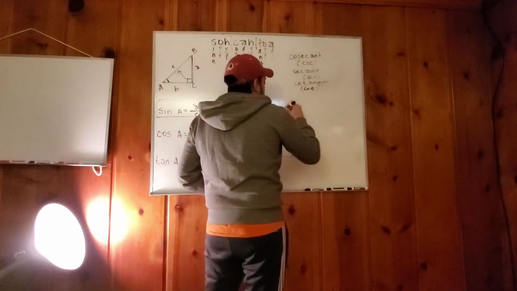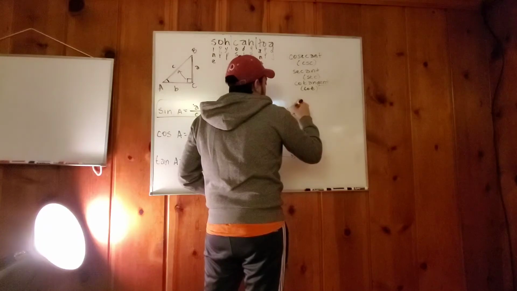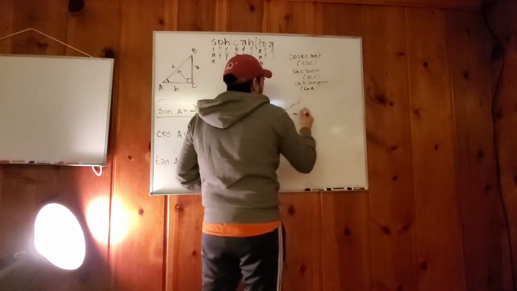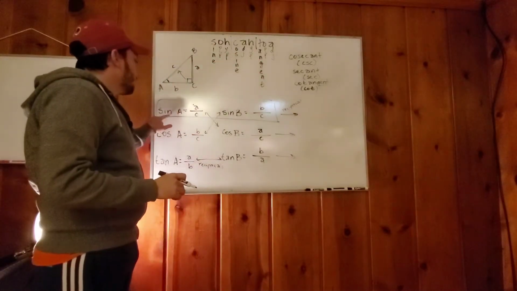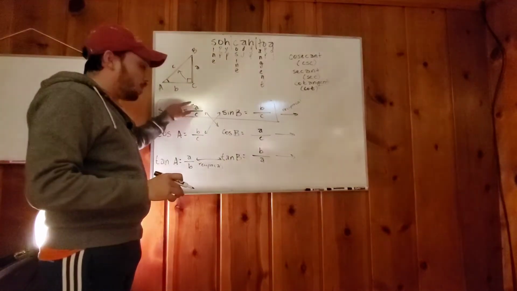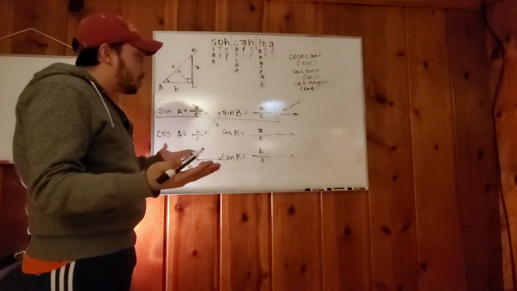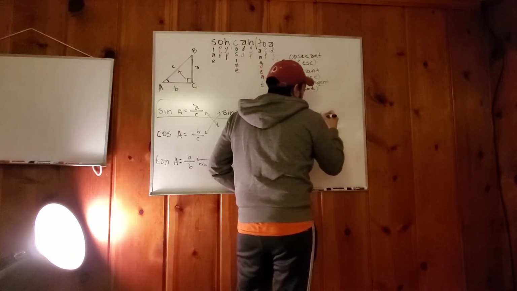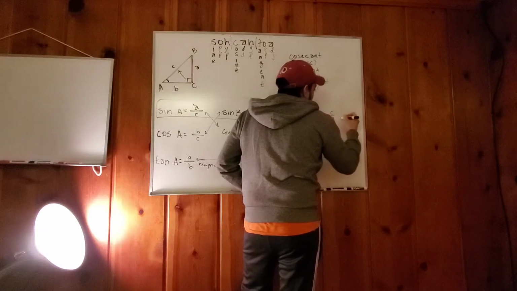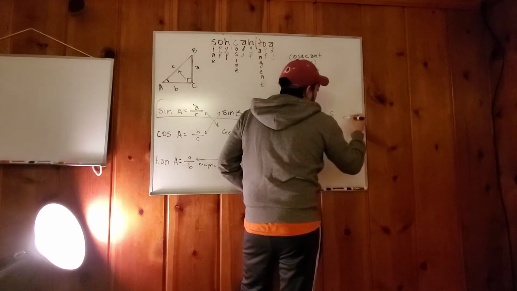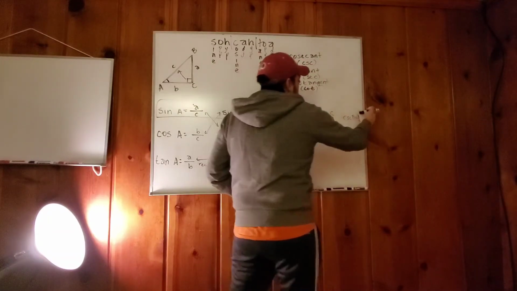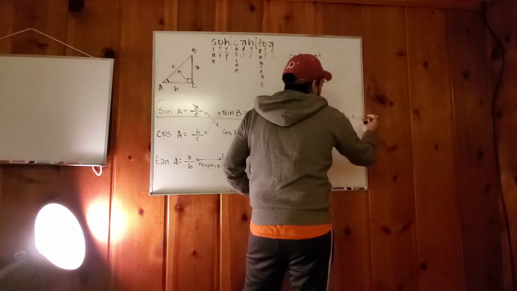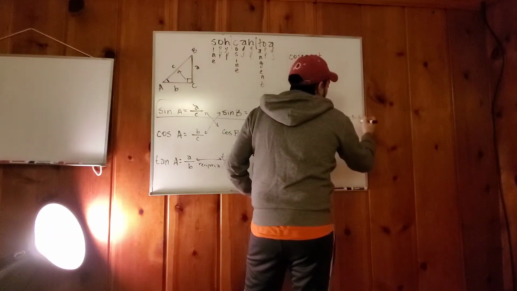The reciprocal of sine A would be C over A, right? It makes sense. So the reciprocal would be called the cosecant, CSC. The cosecant of A would be C over A. And the cosecant of B is C over B, not the other way around. My bad. C over B.